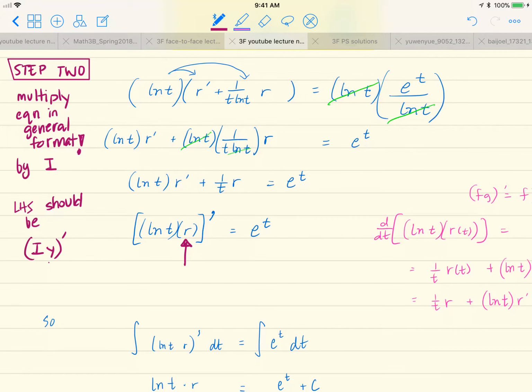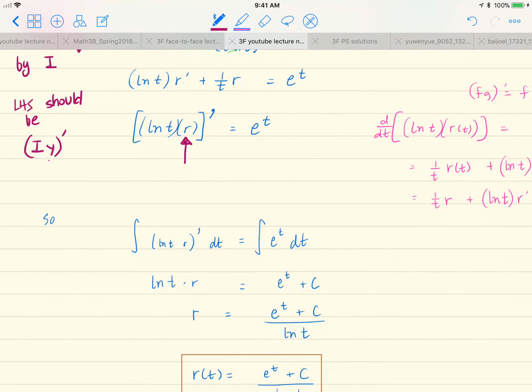Now you're ready for step 3, which is to just integrate.